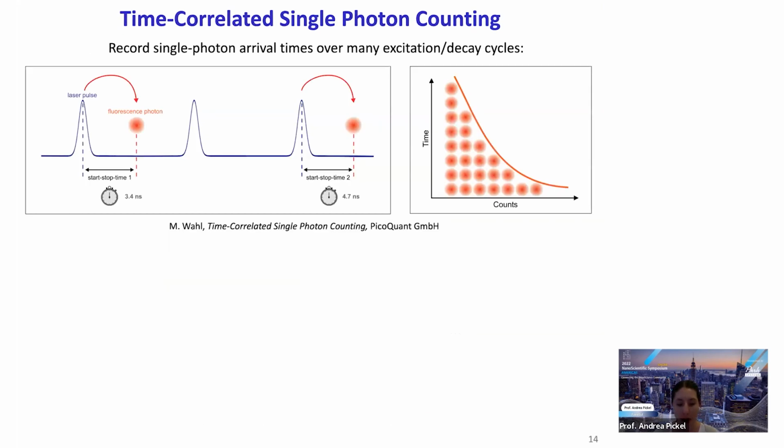So then to measure the excited state lifetimes of single nanodiamonds, we use a method called time-correlated single photon counting, which involves detecting single photon arrival times over many repeated excitation and decay cycles in order to build up a histogram of photon arrival times that's equivalent to the lifetime decay curve.